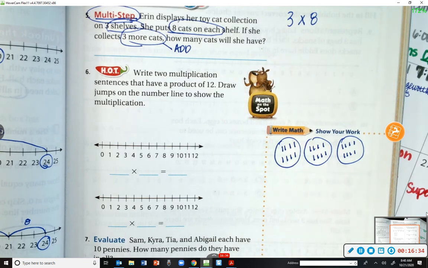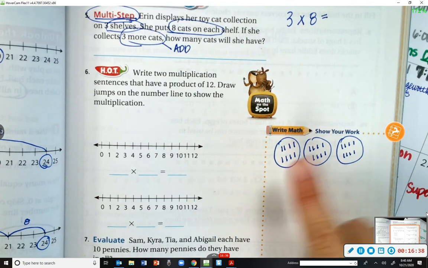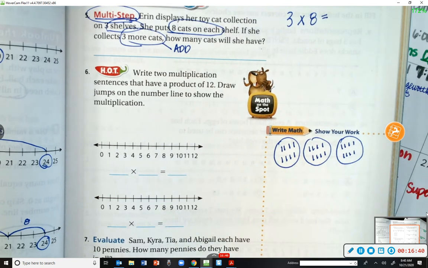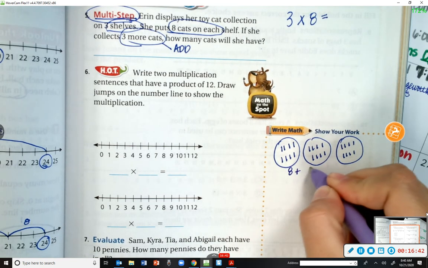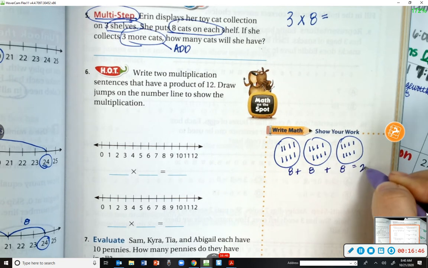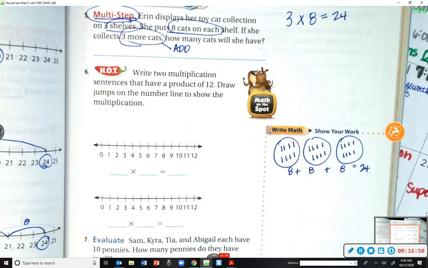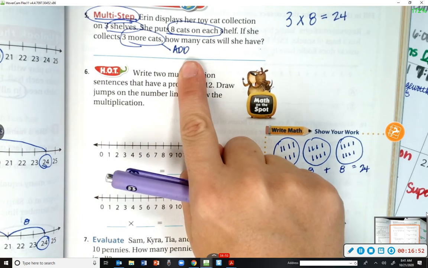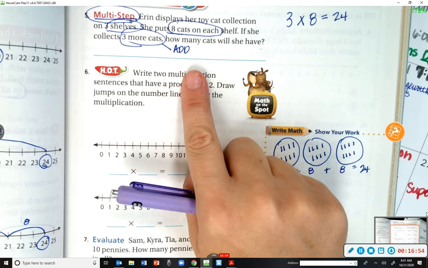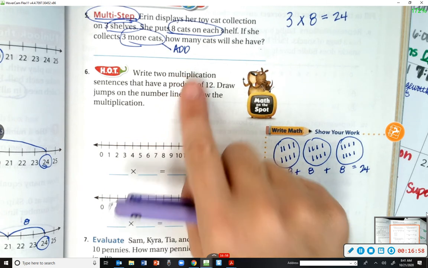Okay, so what's 3 times 8? What's 8 plus 8? 16. 16 plus 8 is 24. Okay, but no, we're not done. We haven't added for our second step. So what do I need to do now?